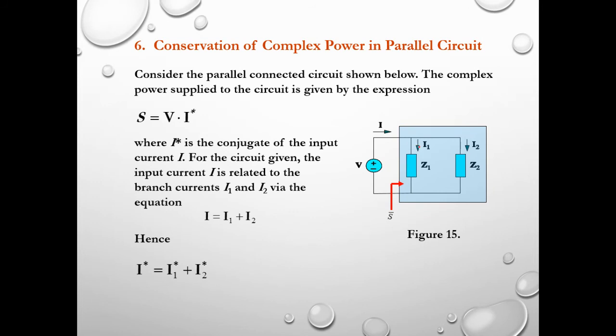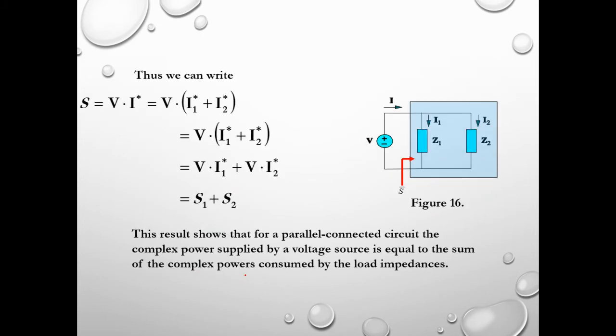Since we have two branches over here, I1 and I2, the total I is I1 plus I2. Hence I conjugate equals I1 conjugate plus I2 conjugate.